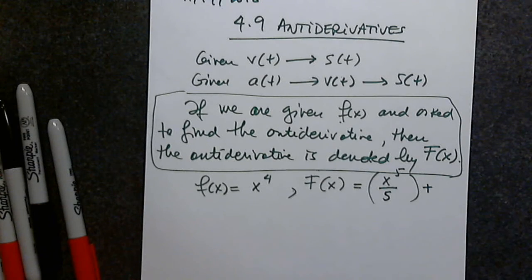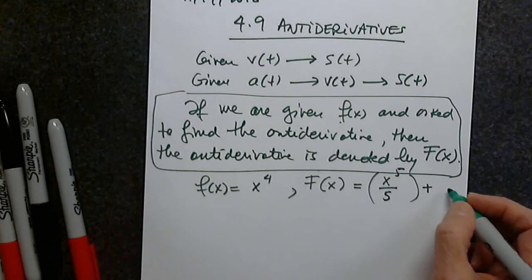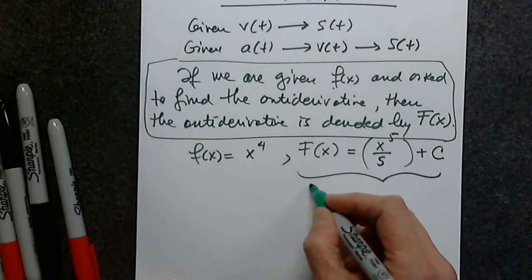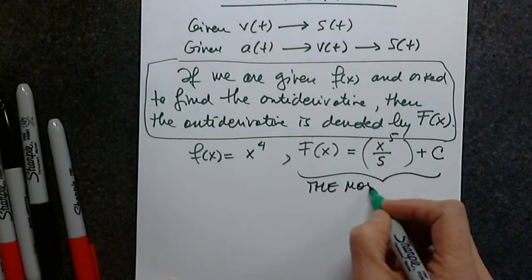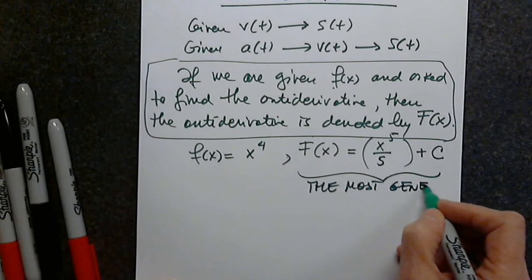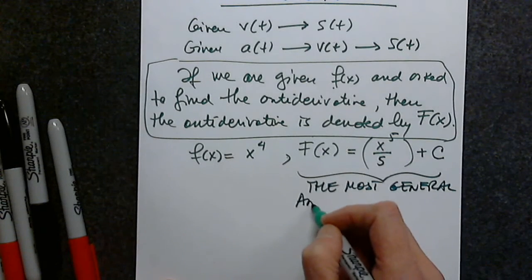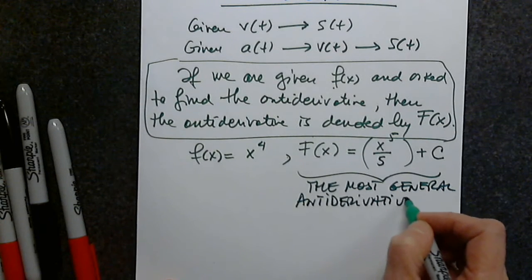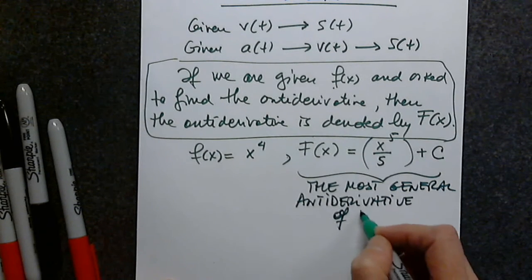Yes, I'll explain this several times, not just one. Plus a constant C. This is called the most general antiderivative of f of x.